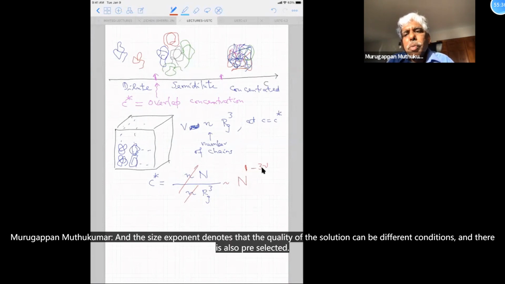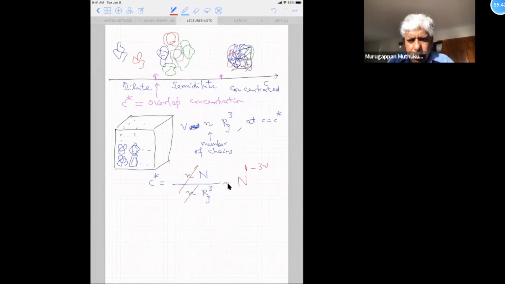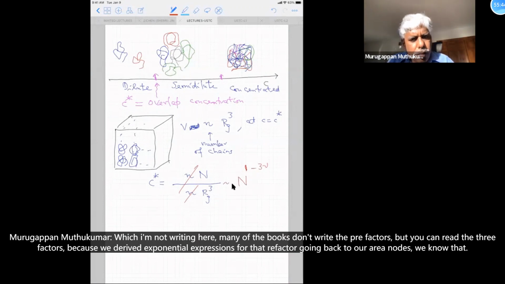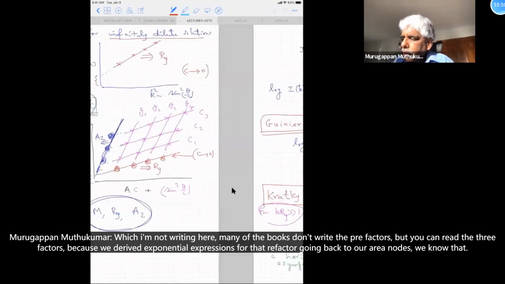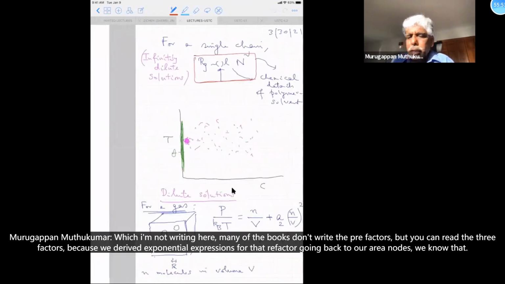And the size exponent denotes the quality of the solution under different conditions. There is also a prefactor, which I'm not writing here. Many of the books don't write the prefactors, but you can, because we derived explicit expressions for that prefactor going back to our earlier notes.